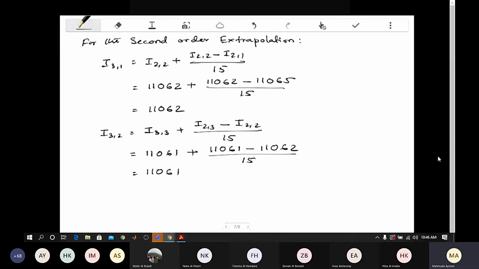So now we'll go for the third order extrapolation. Something there is wrong. It's I2,3, not I3,3. Yeah, correct, thank you. Okay, great.